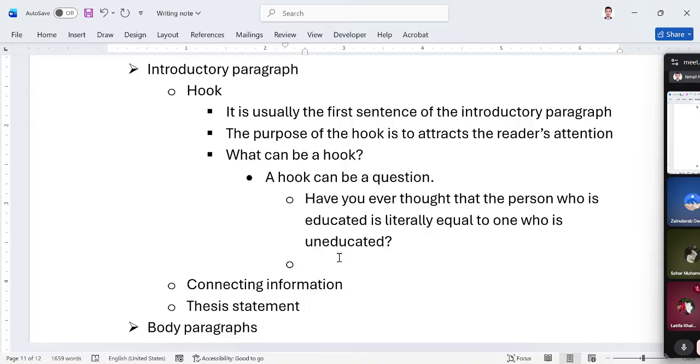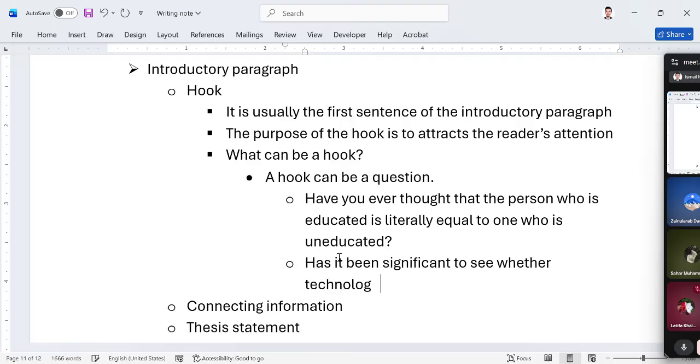If we start, for example, with: has it been significant to see whether technology affected our lives positively or negatively?